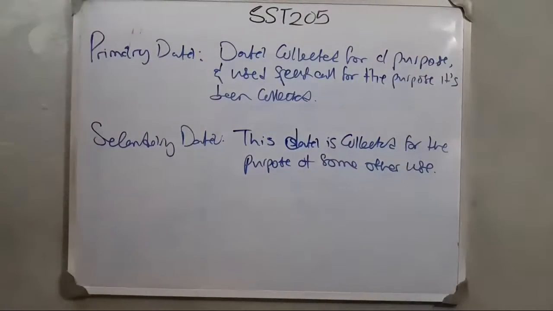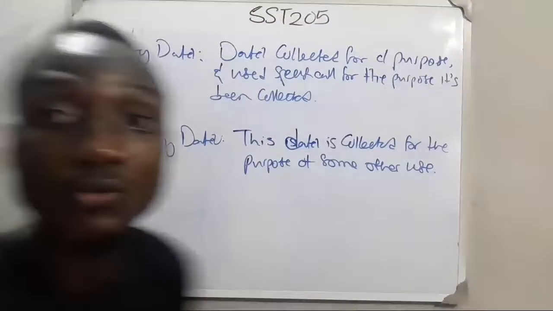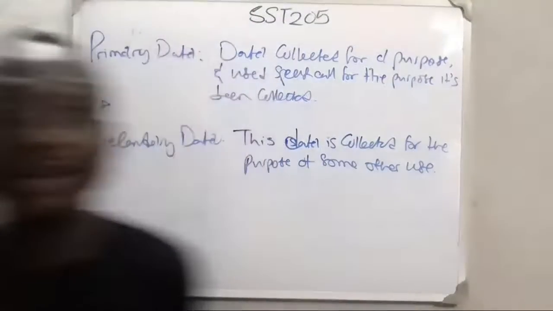So now let's take an example of the primary. We have height and weight of students collected to determine, height and weight of students. Now let's draw an example from what we use in our school, Open University.